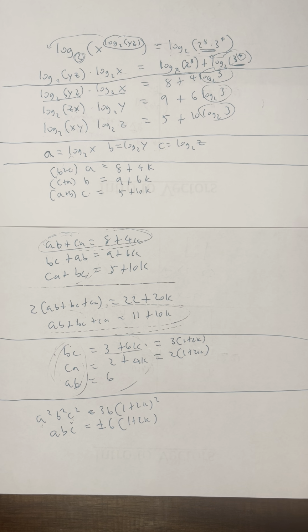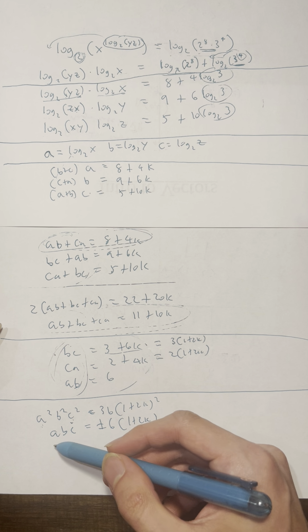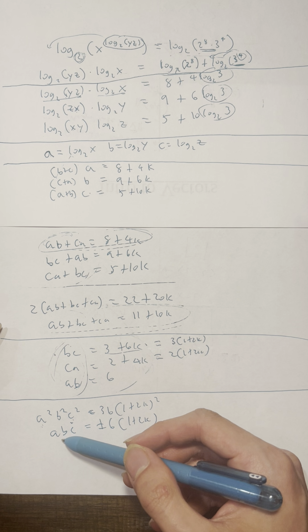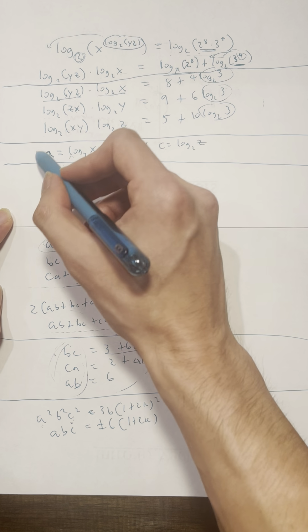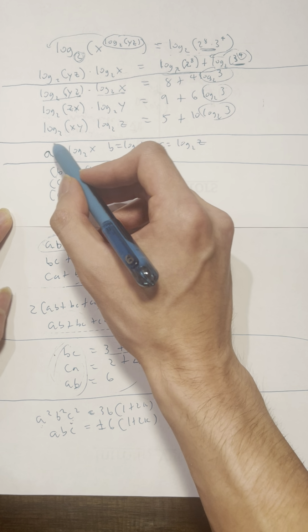So if we want to minimize xyz, what's that going to be in terms of A, B, and C? Because that's what we're working with right now, the A, B, C's. Let's look at the substitutions that we made earlier.